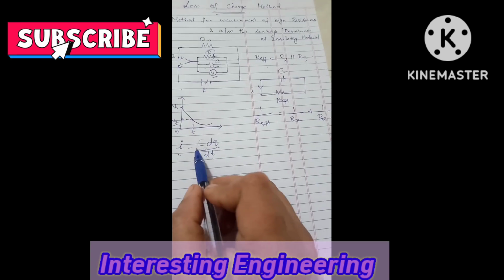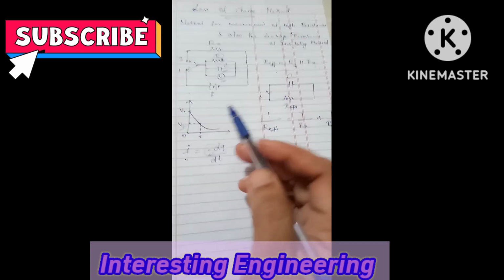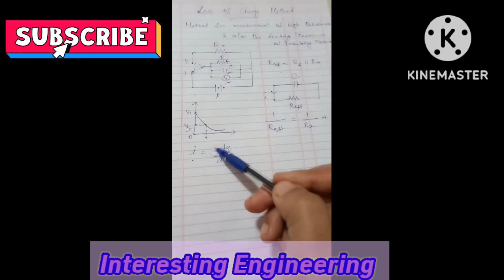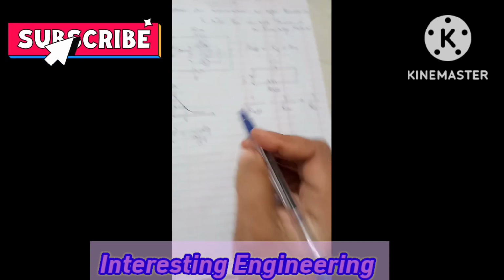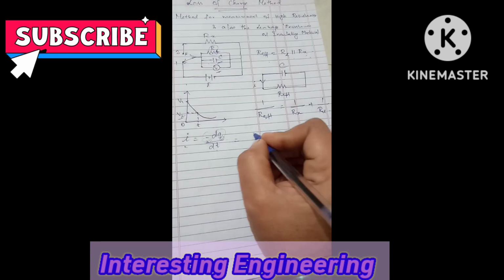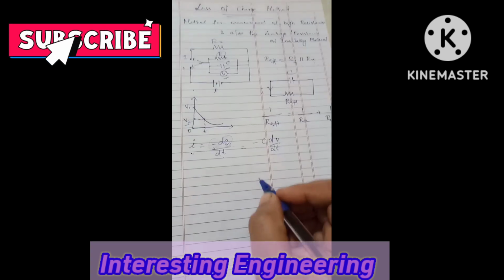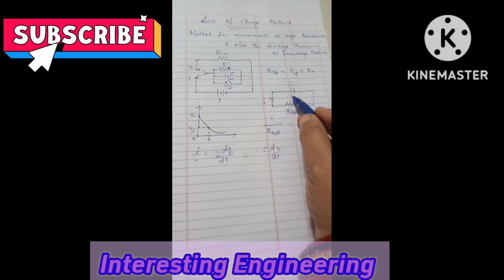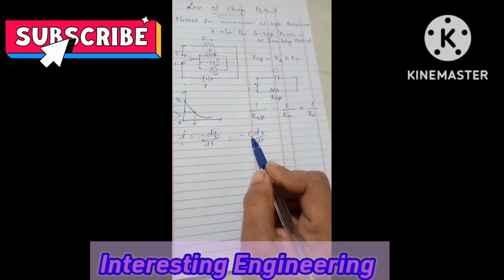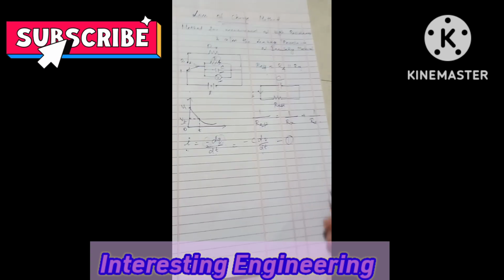The minus sign is here because this is a discharging current. And for Q, we can write it as minus C dV by dt, since it is a capacitor, the discharge current will be represented by minus C dV by dt. Let's consider this as equation number 1.